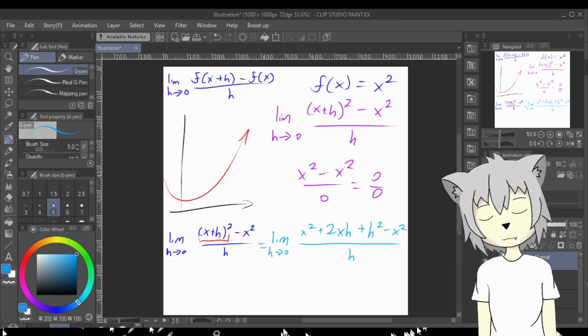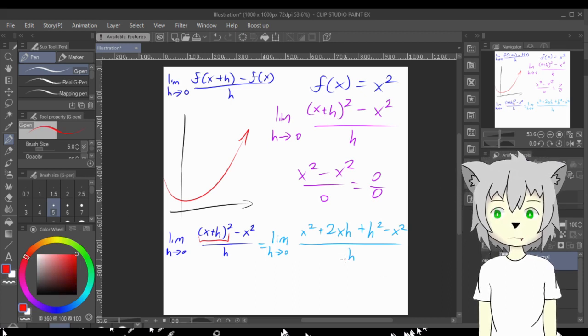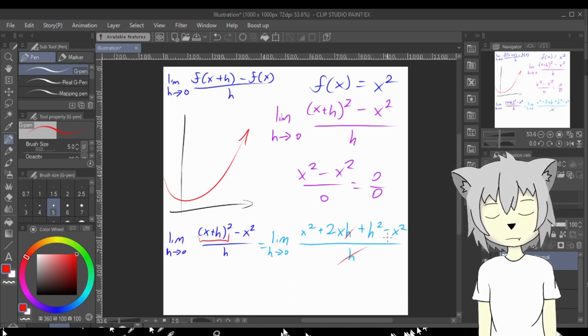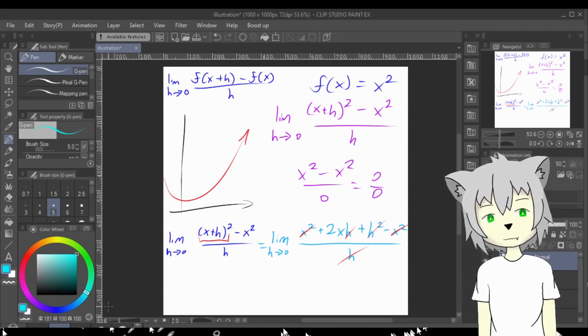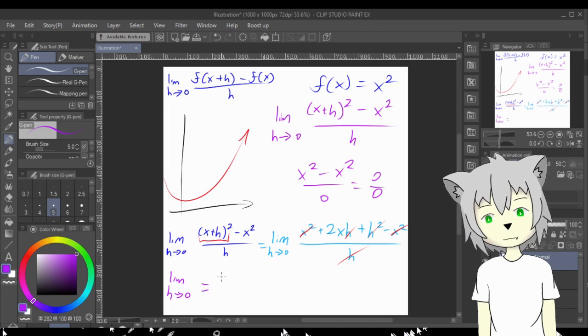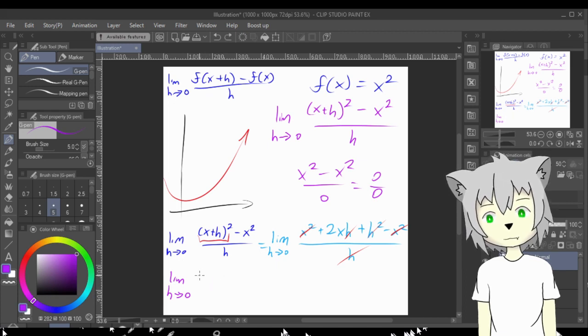And I'm guessing you guys can sort of see what's going to happen now. We get rid of this, we get rid of one of these. These two terms cancel, so then we just end up with the limit as h approaches 0, which simplifies to 2x.